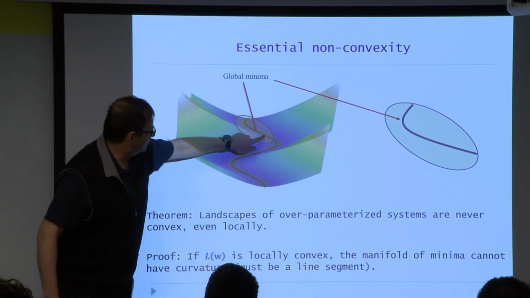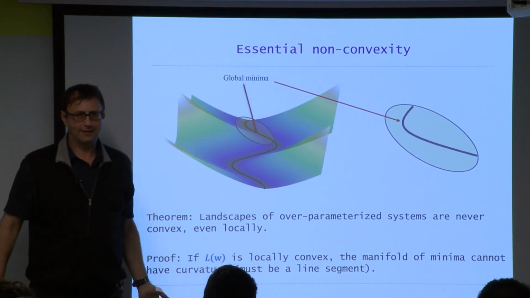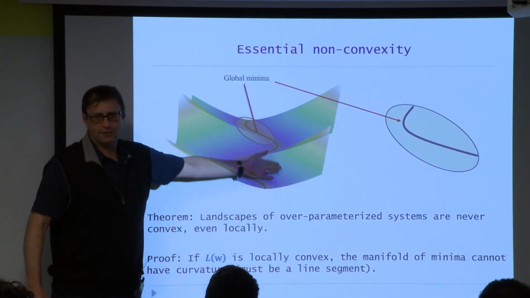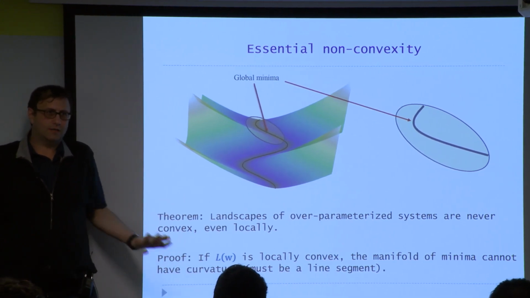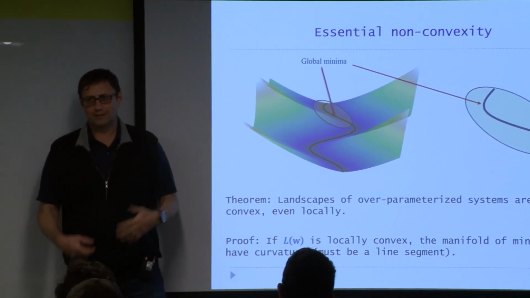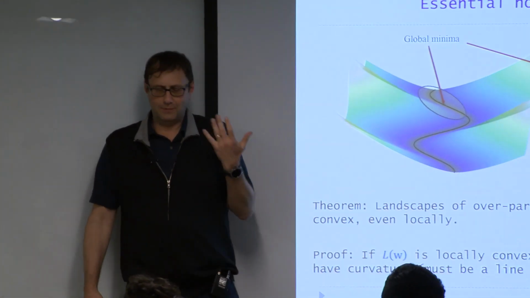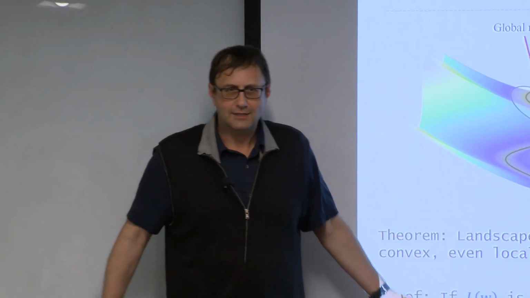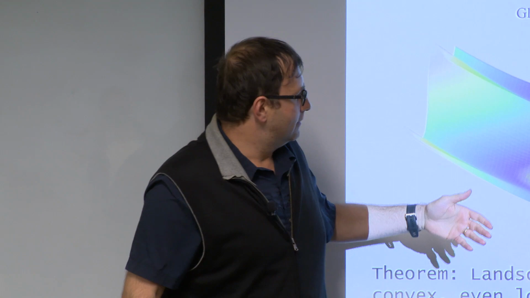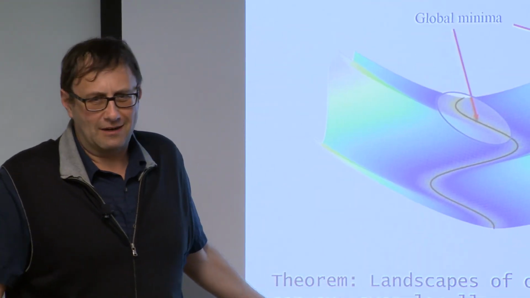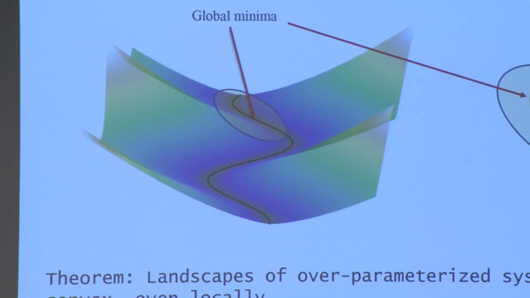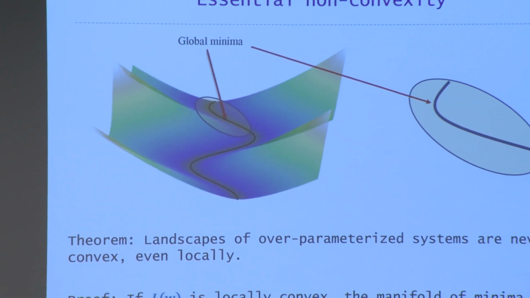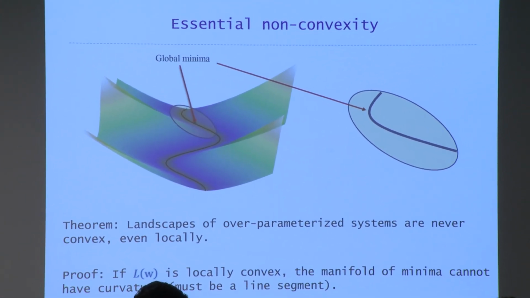And the only way this curve can be convex is if it's a straight line. So if there is any curvature in this manifold, it cannot be convex. That's it. And of course, if you have an arbitrary system, you wouldn't expect that there is no curvature. That's a very special condition for it to be affine. So why would it be affine? So essentially, these things are never convex. It's a very strong condition for them to be convex. So if it's not convex, then what?